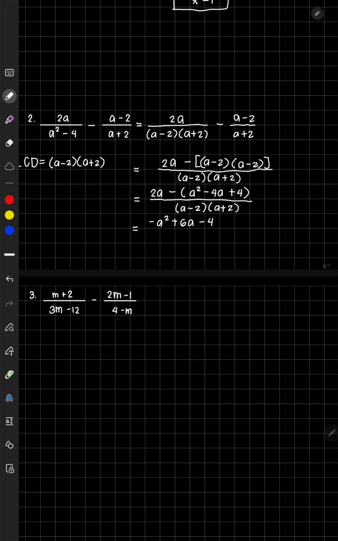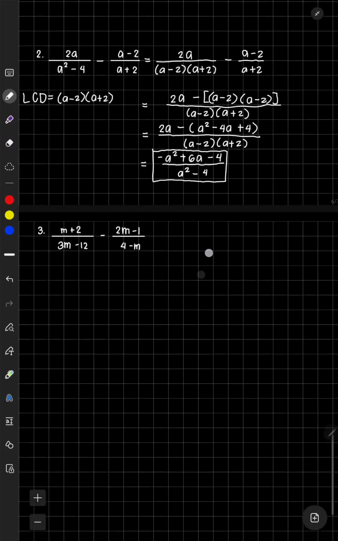So if we have no factor of negative a squared plus 6a minus 4, that is the same with a minus 2 or a plus. So combining these two, we will have the denominator of a squared minus 4, and this would be your final answer.